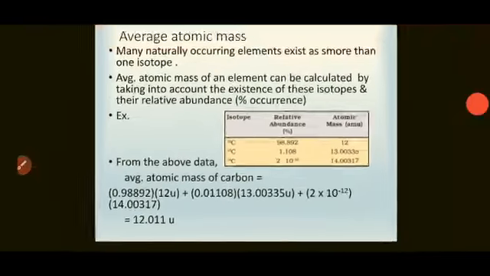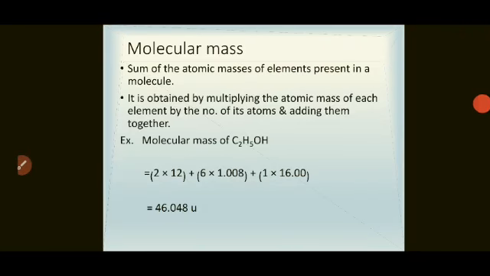Now, how to calculate the molecular mass? This is a very easy method. If we know the atomic masses, just by adding the atomic masses according to the number of atoms, we will get the molecular mass.